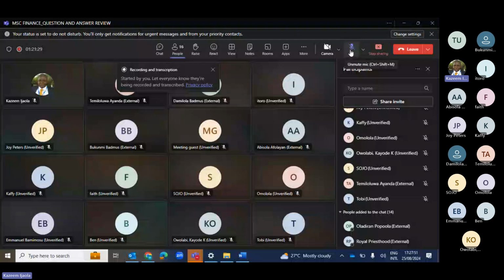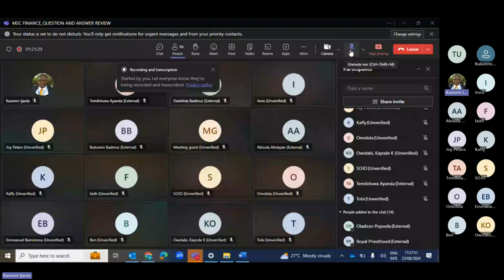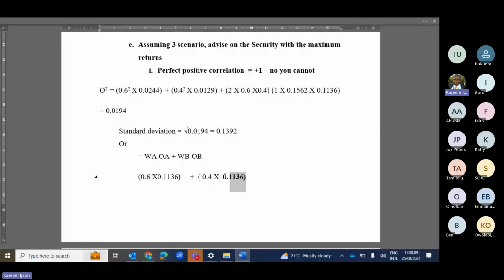No, what am I doing now? 0.1136 is for which one? Let me check asset A. I think I made a mistake. Asset A is 0.1562.